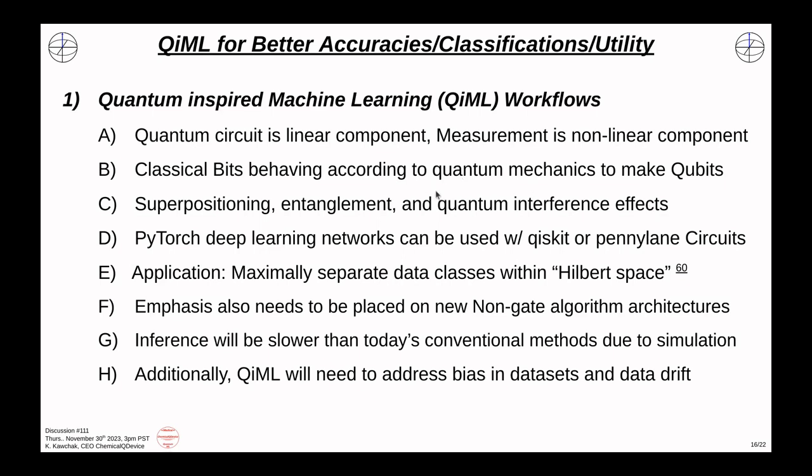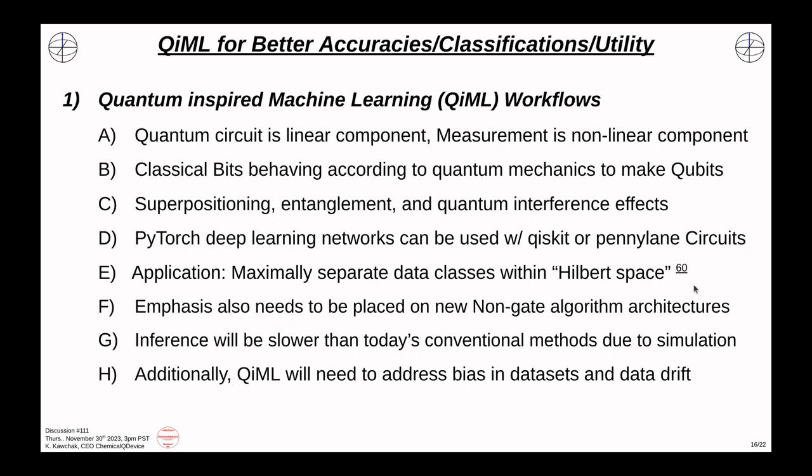The second thing is it's just classical bits behaving according to quantum mechanics. And then you still get superposition, entanglement, and quantum interference effects, simulated. And with PyTorch, you can make a quantum circuit into a layer, and that layer goes into some PyTorch neural network.